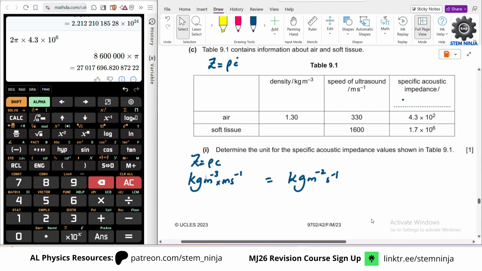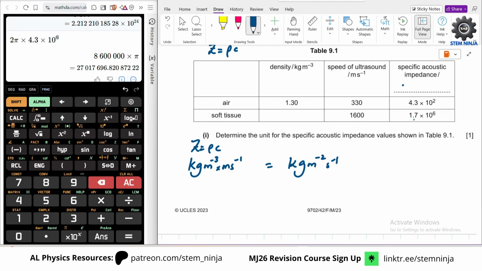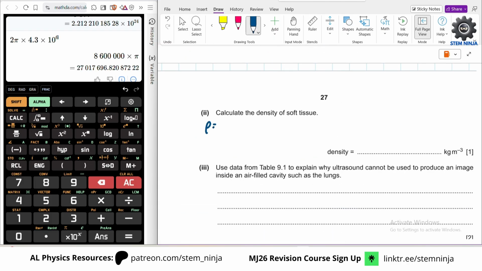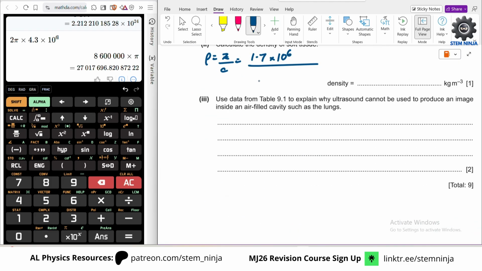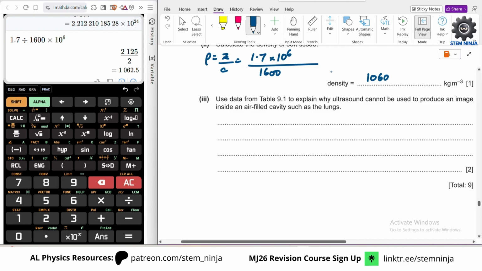So the density of soft tissue: Z over c is 1.7 times 10 raised to the power 6, divided by 1600. So 1.7 divided by 1600 times 10 raised to the power 6 is 1062, so let's say 1060.